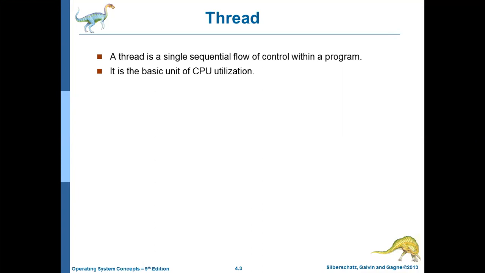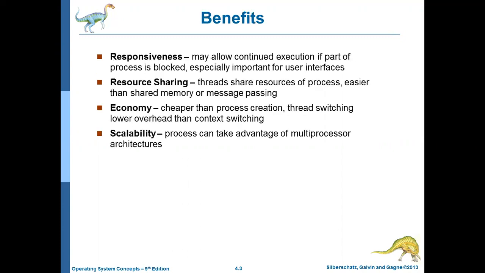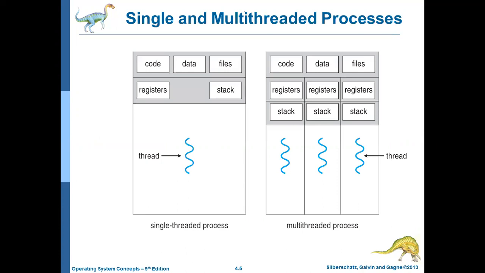Now, as we move further, we will be able to reason out the second point, that is, why a thread is stated as the basic unit of CPU utilization. So let's move further. Before we move on to the benefits, let's look at this diagram where we have a single and a multi-threaded process represented diagrammatically.